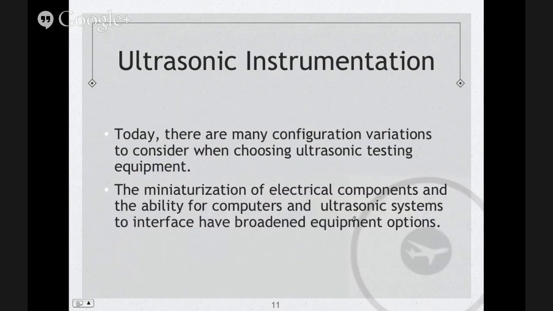So, ultrasonic instrumentation. Today, there are many configuration variations to consider when choosing ultrasonic testing equipment. The miniaturization of electronic components and the ability for computers and ultrasonic systems to interface have broadened the equipment options.